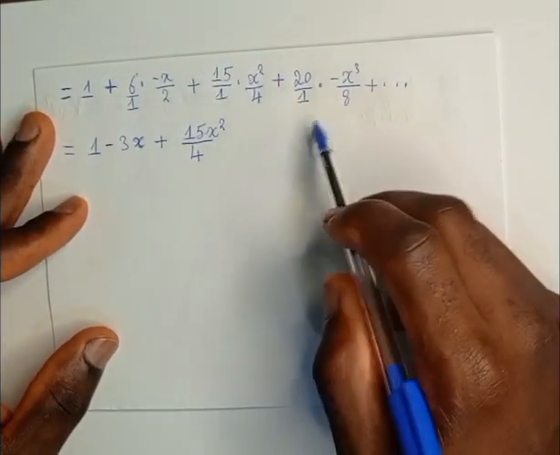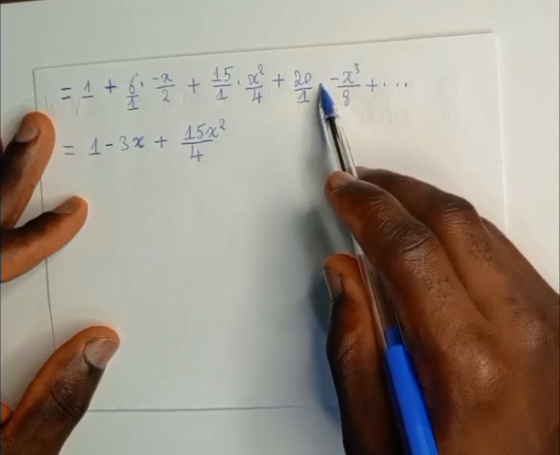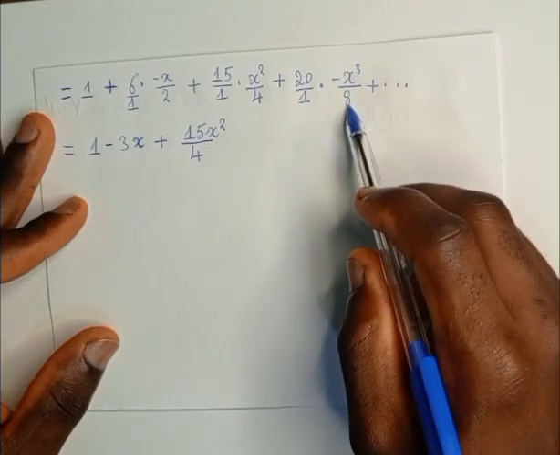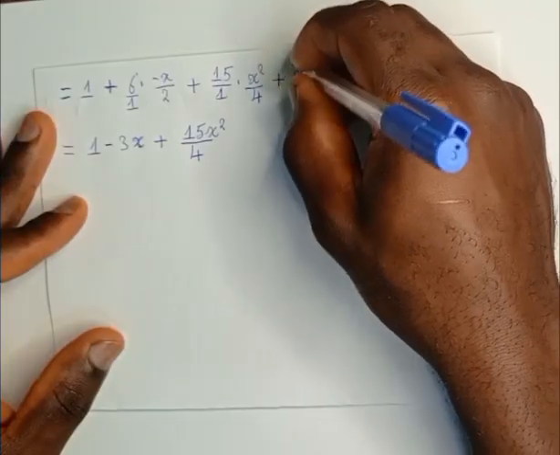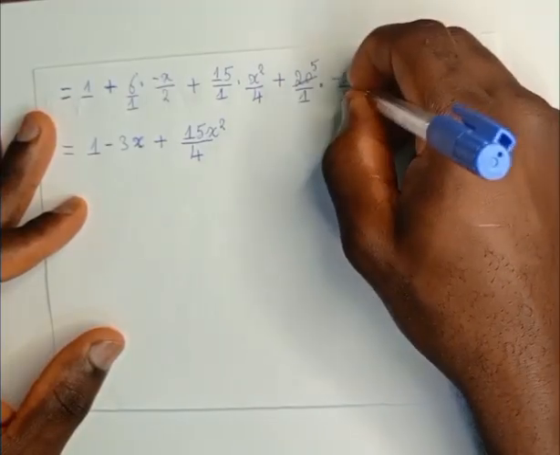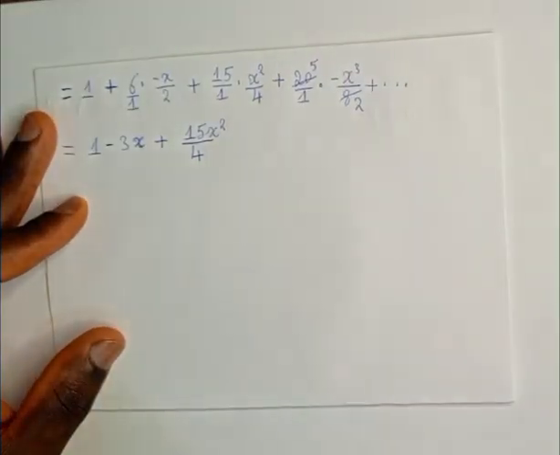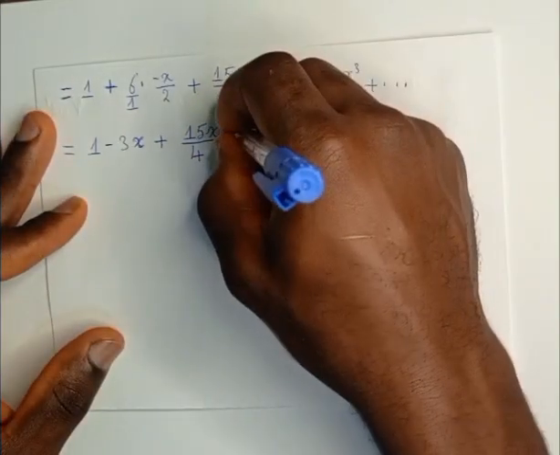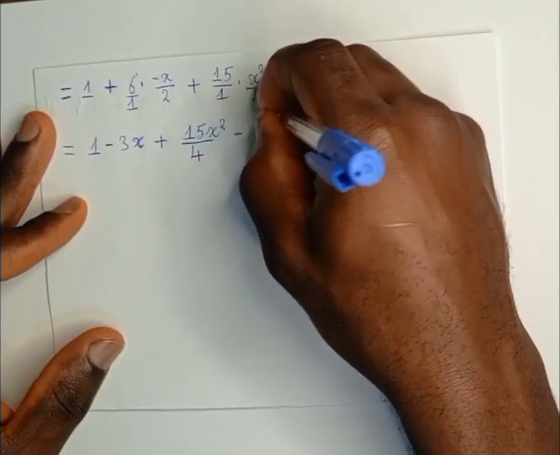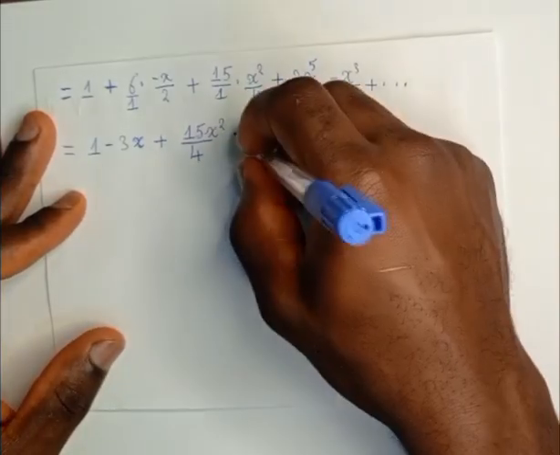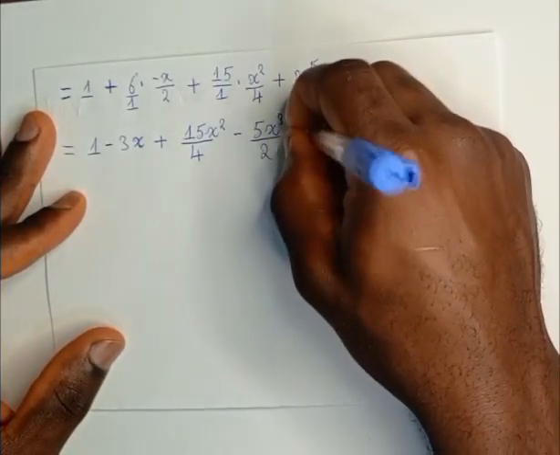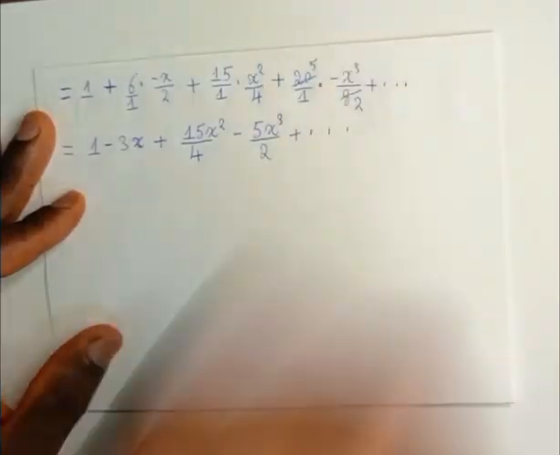We go to the next term, 20 over 1 times negative x cubed on 8. Simplifying this, 4 will go into 20 5 times, 4 will go into 8 2 times. Now you can multiply 5 times negative x cubed gives us negative 5x cubed all over 1 times 2, which is 2, plus 3 dots.